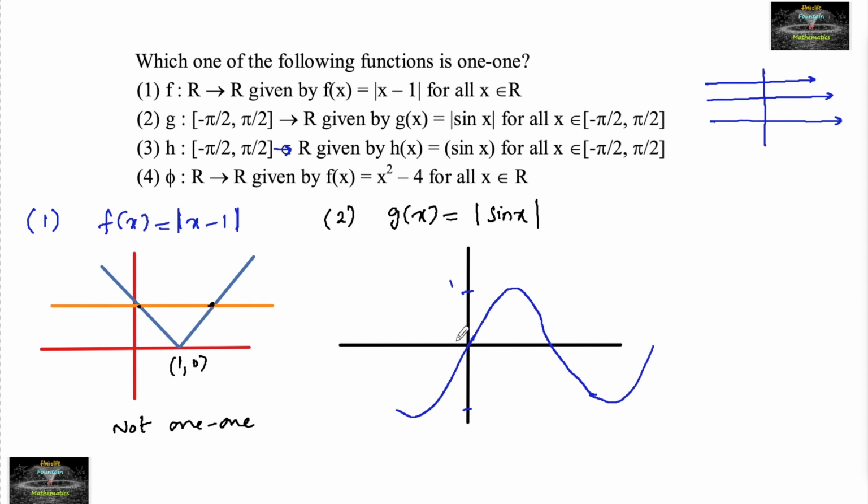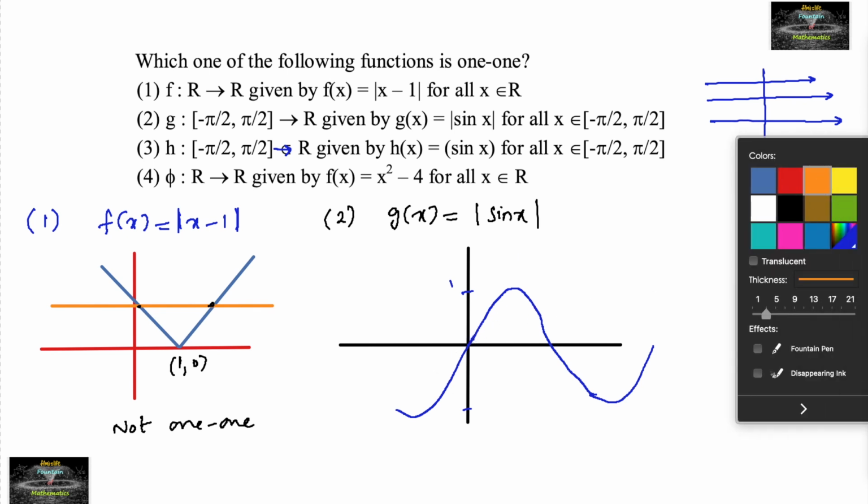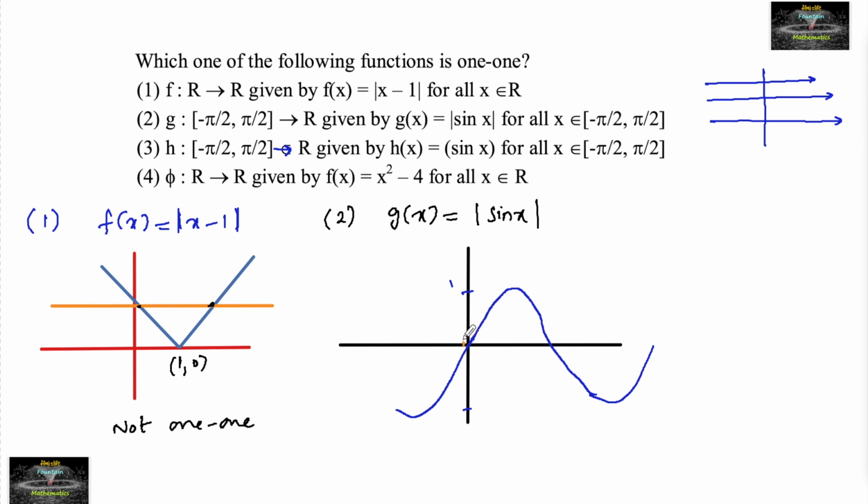And the mod of sin x will be, even the negative shade will come to positive. This is how we'll get it. And it is in between minus pi by 2 to plus pi by 2. So this is pi by 2 and this is minus pi by 2.